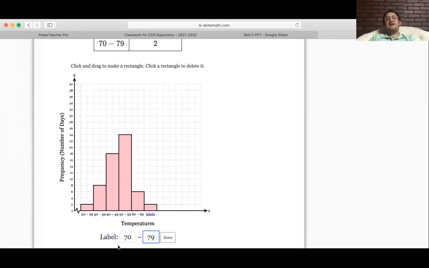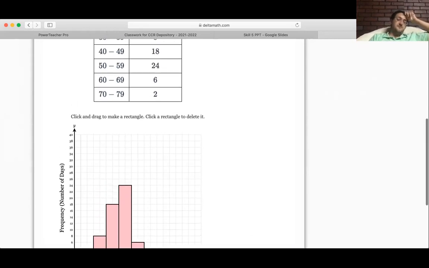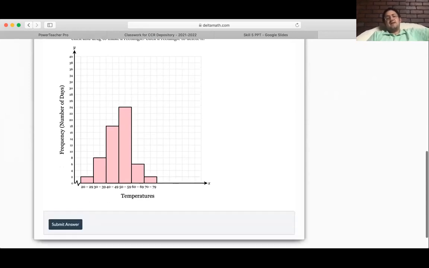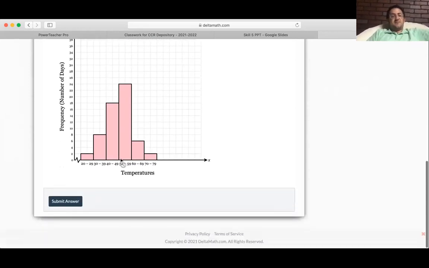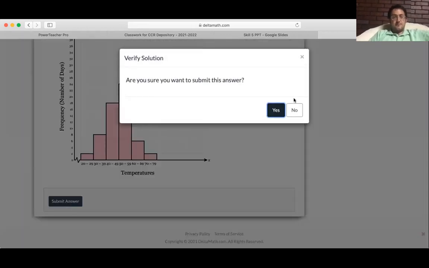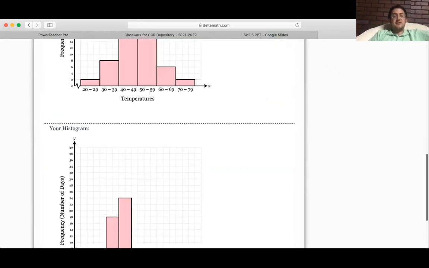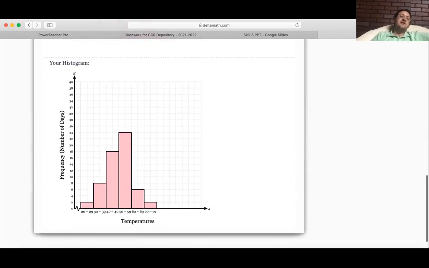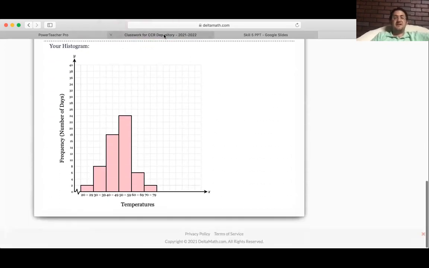The key is that you just want them to fit on the graph, have enough space, and keep those widths the same. Then we're good. They actually went with a little wider width, but as long as you are keeping the intervals the same, that is good.